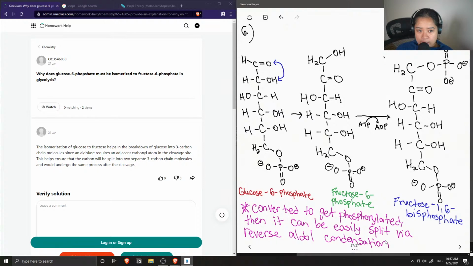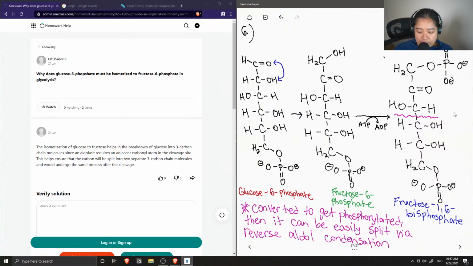Because in the next steps of glycolysis, this big molecule will split into two smaller ones, and each of them will contain a phosphorus ion.